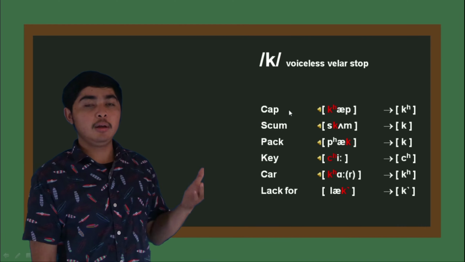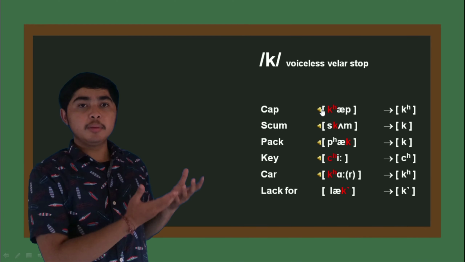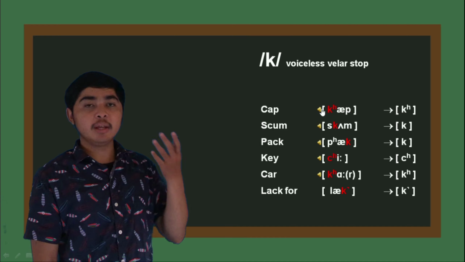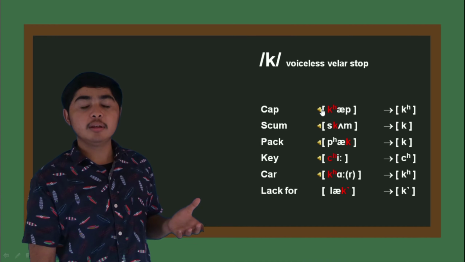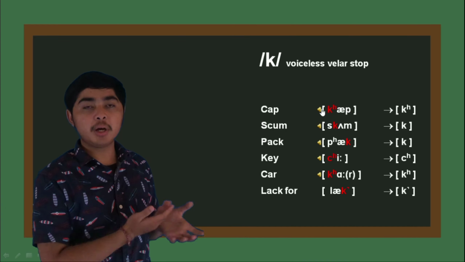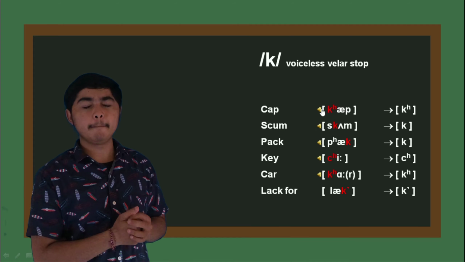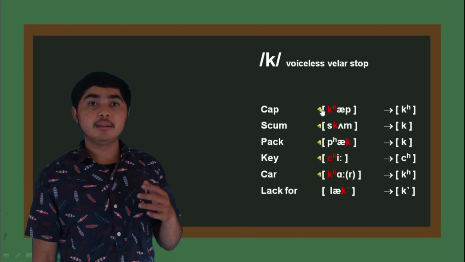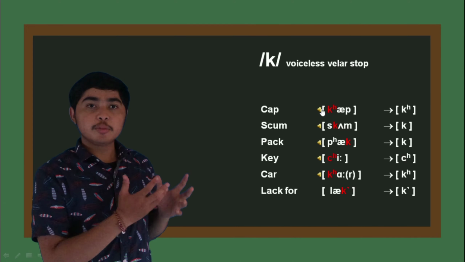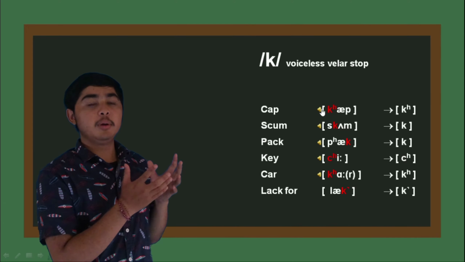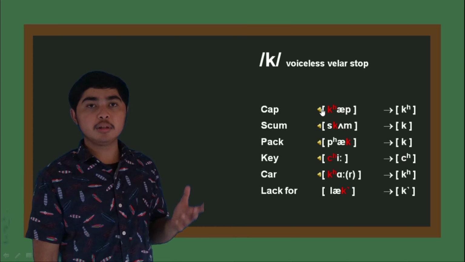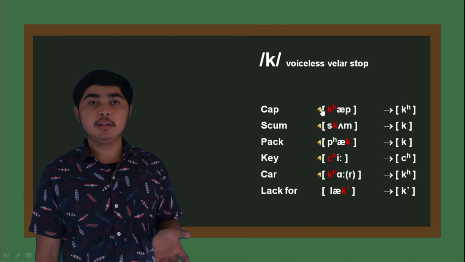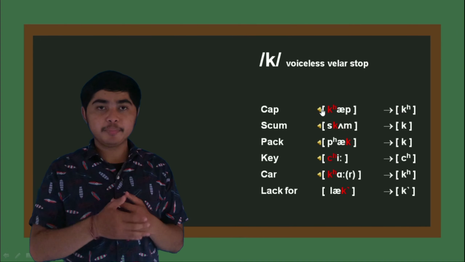Here we have the k phoneme. Please pay attention to and highlight the realization of this phoneme in the phonetic transcription. From this data, we can make a generalization that if this phoneme occurs in word initial position, it is aspirated, just like in cap.